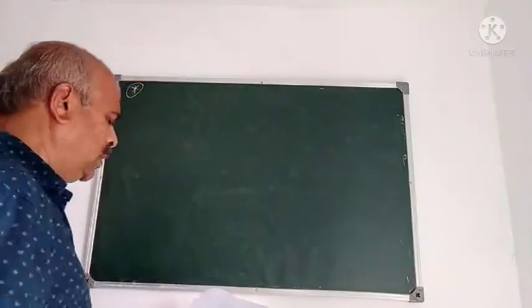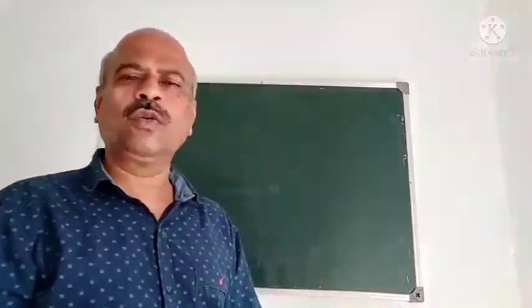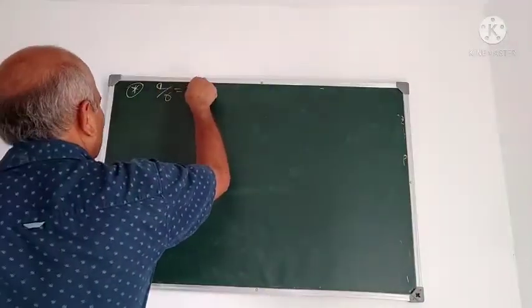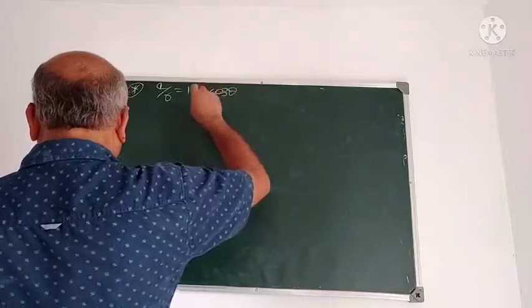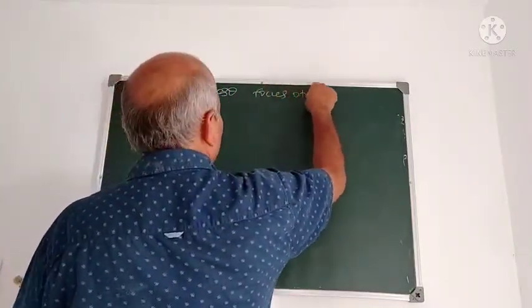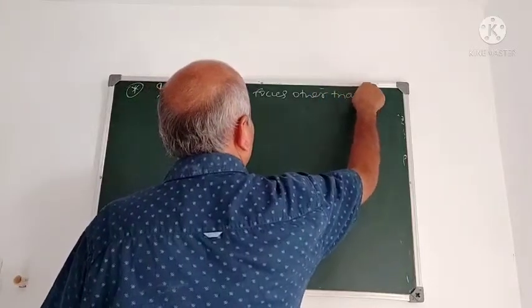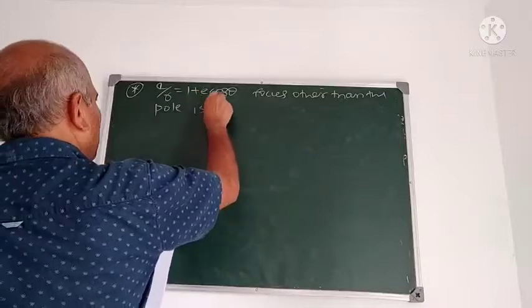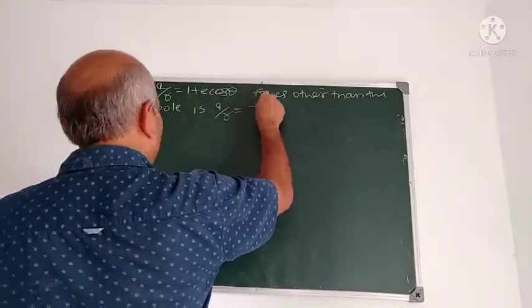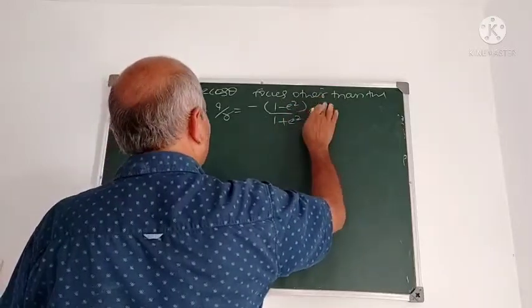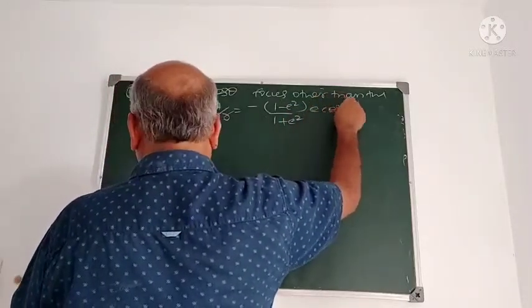Next problem is, prove that the directrix of the conic l by r equal to 1 plus e cos θ, corresponding to the focus other than the pole, is l by r equals minus (1 minus e²) by (1 plus e²) into e cos θ.